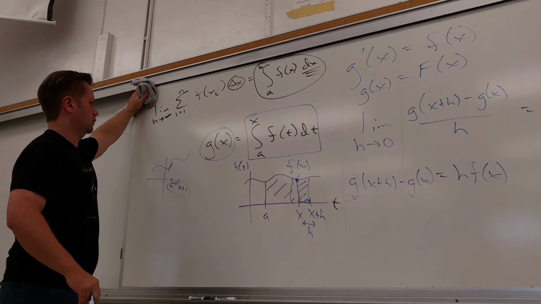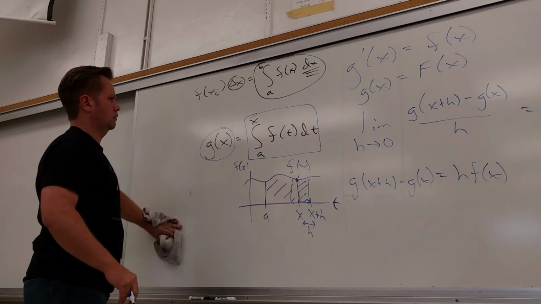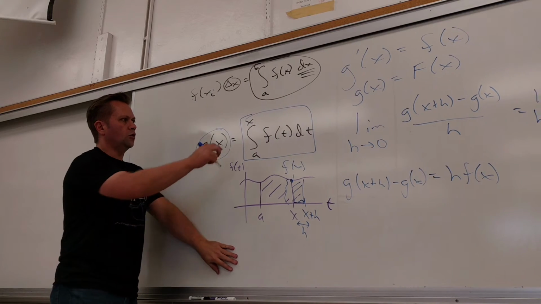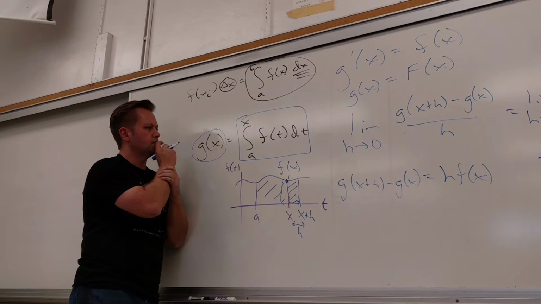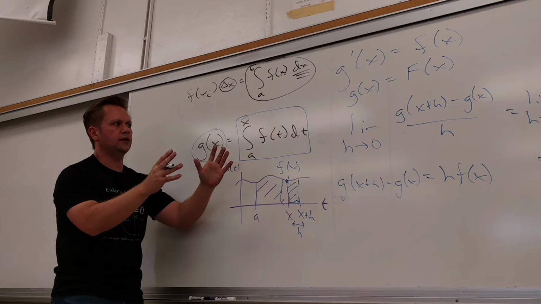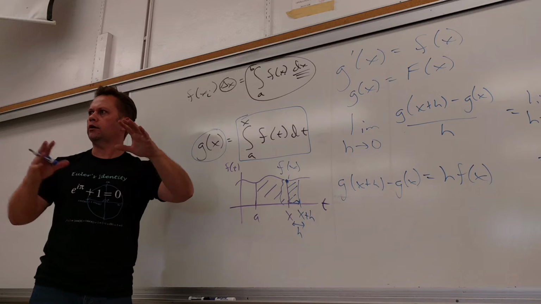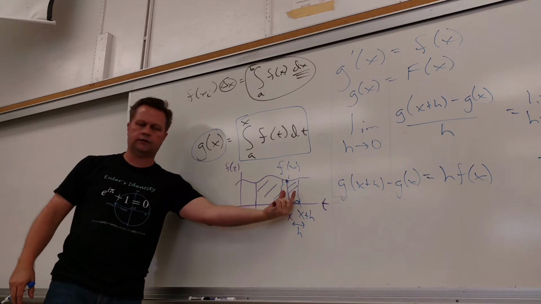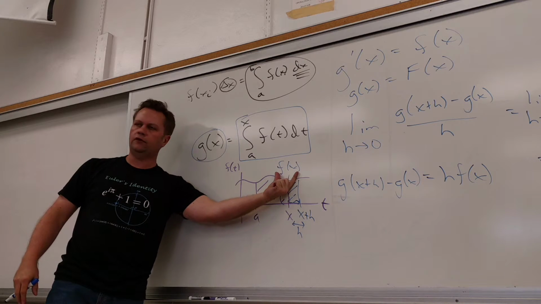Why did the f of t turn into an f of x? Well, for one thing, it didn't turn into it. It just came out of the work. How tall is this sliver? f of x tall.